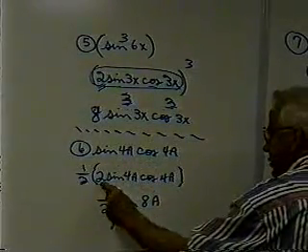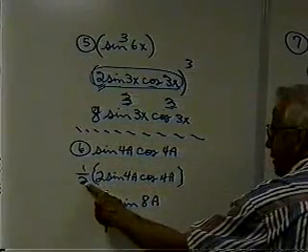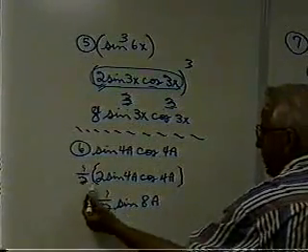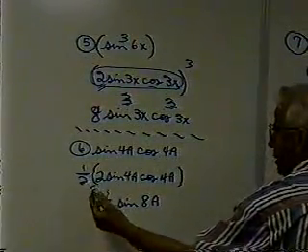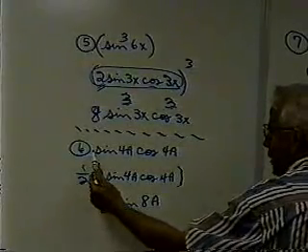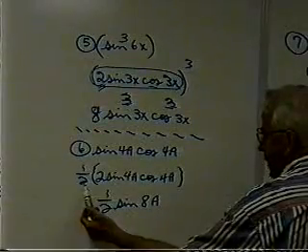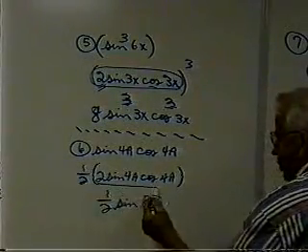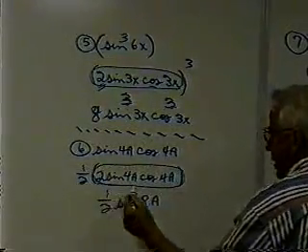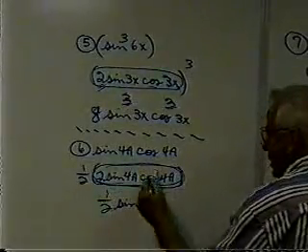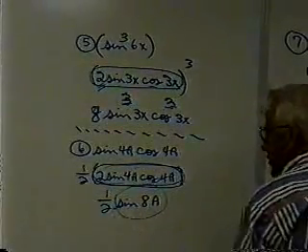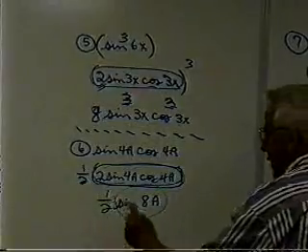Well, what I'll do is put the 2 in there and out front multiply by 1/2. What is 1/2 times 2? Well, it's 1. So what I'm doing is putting in a 2 that I want and putting a 1/2 out there to take care of that. Now that I have 2 sine of 4a cosine of 4a, then that goes to the sine of 8a. Then that 1/2 is out in front.